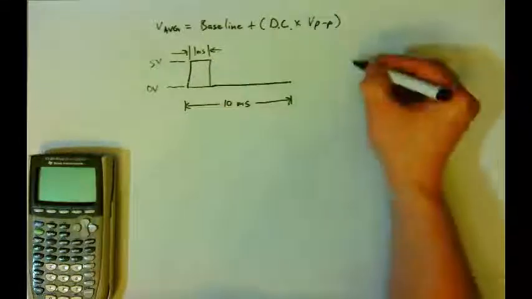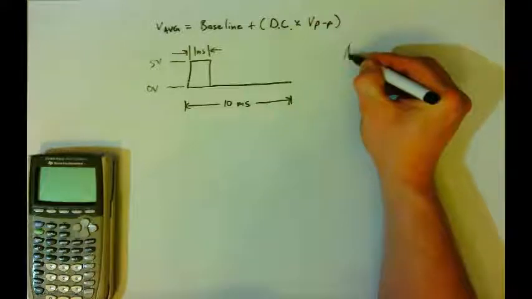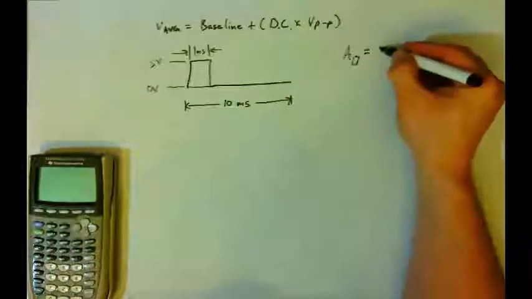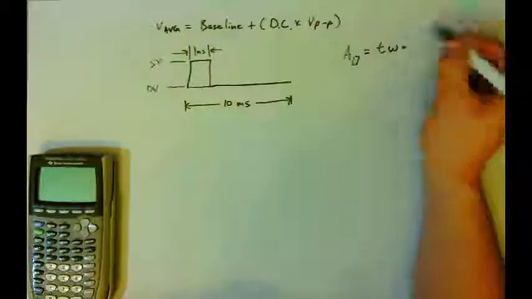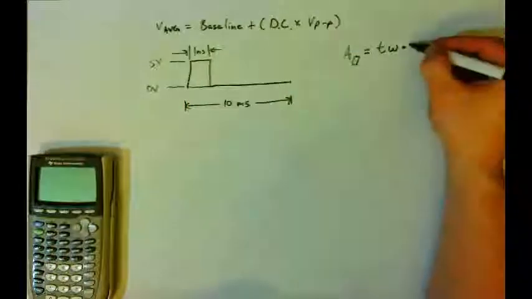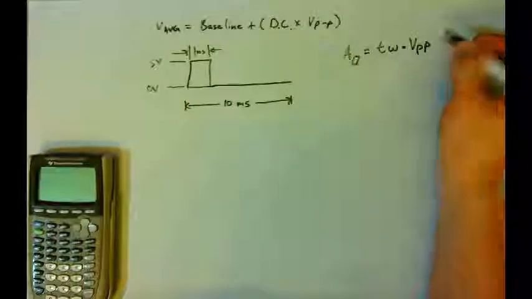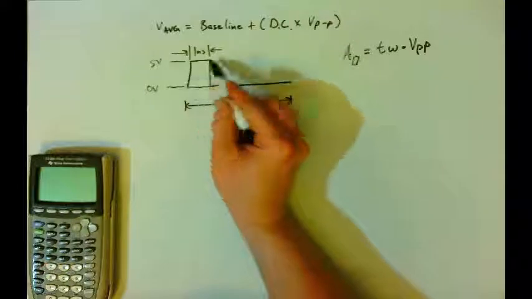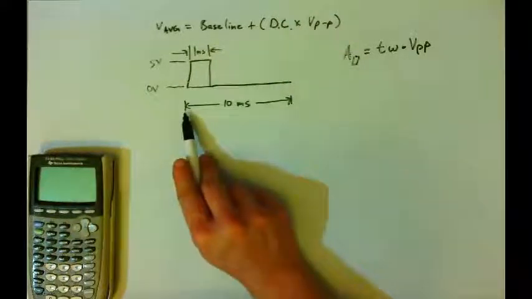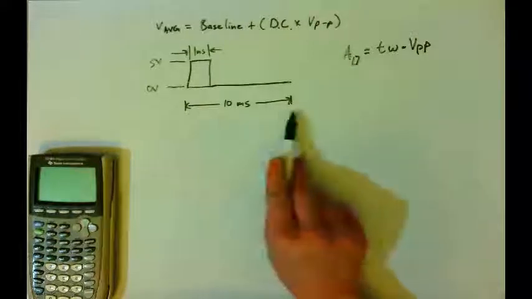And so the area of this rectangle is the pulse width times 5 volts, which happens to be the peak-to-peak voltage. Okay, and so that takes the area of the rectangle, and if we wanted to spread that area out evenly, we would divide by the period.